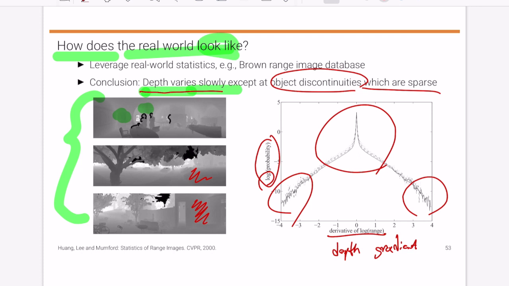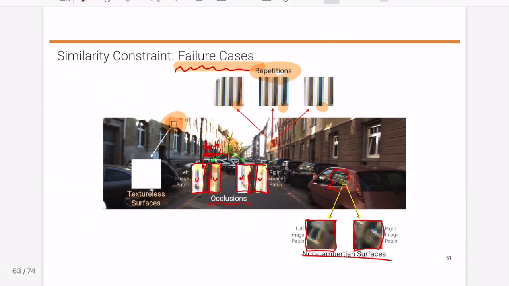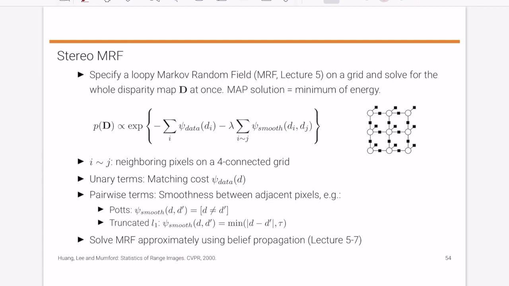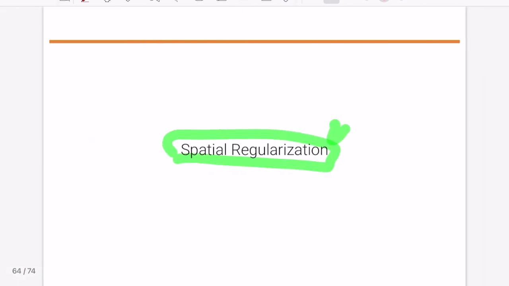So it means that enforcing depth smoothness is a good choice to improve the performance in such cases. So this is the intuition of spatial regularization.